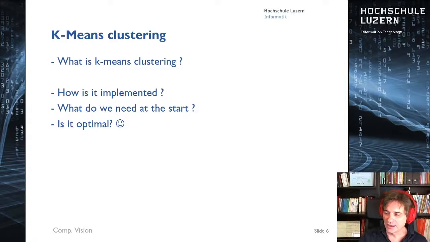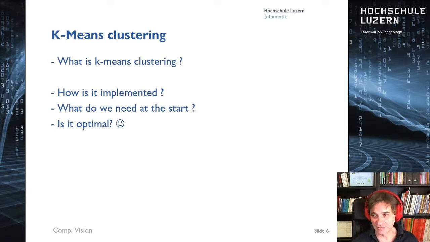Okay, so one note is that first you need a k. This is correct. For k-means clustering, you need to know how many classes you want. It's also a bit of a drawback of the clustering. The other question was what do you want to cluster? If you want to cluster image regions, you want to cluster something that is common to the region, so you will need some feature that tells you what a common region is.